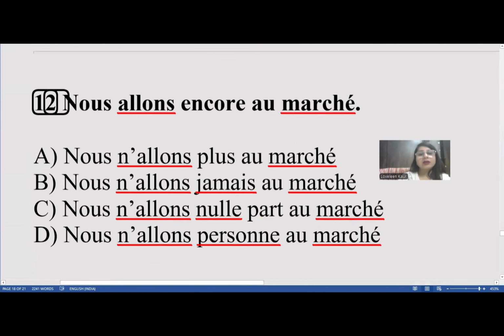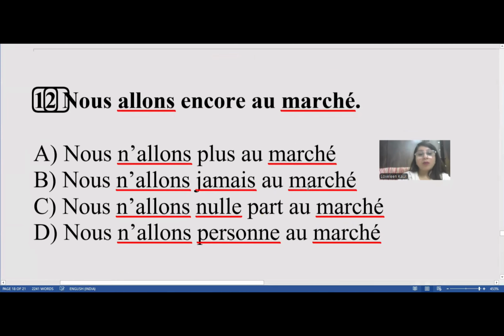Now let's see. Nous allons encore au marché. C'est facile. Encore means still, right? Nous allons encore au marché. We are still going to market.